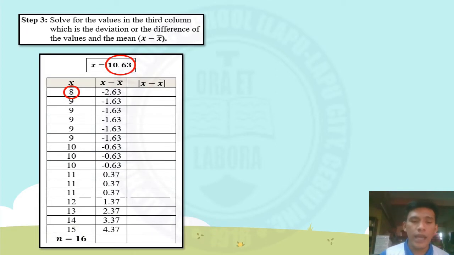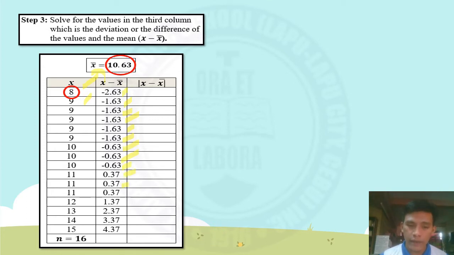It's just simply 8 minus the mean, that will turn to negative 2.63. 9 minus 10.63, that will be negative 1.63. 10 minus 10.63, that will be negative 0.63. 11 minus 10.63, that will be 0.37.